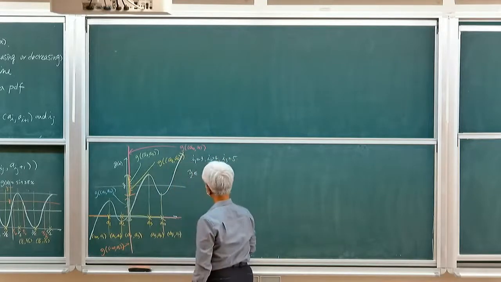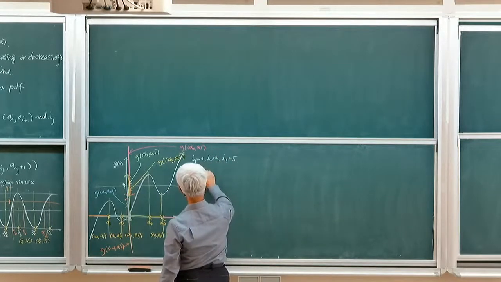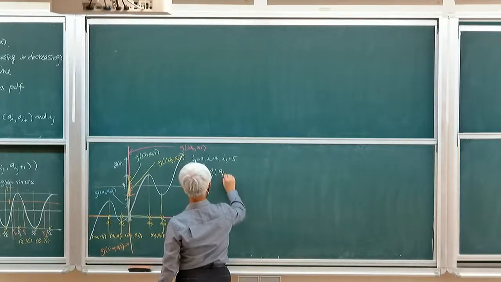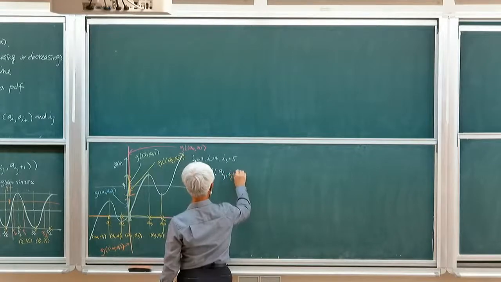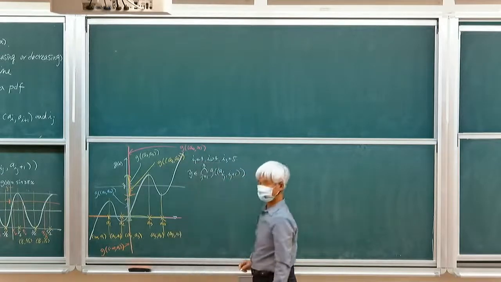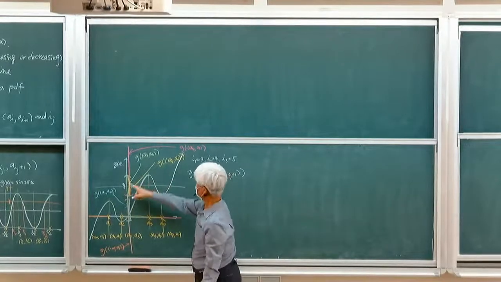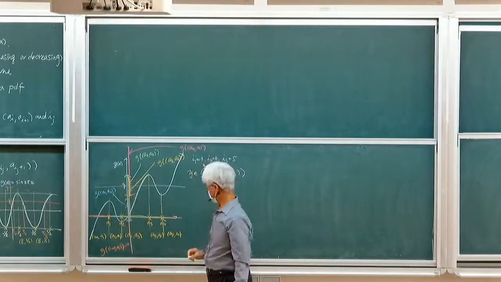And y is in the intersection over j from 1 to 3 of G of A, I sub j, plus 1. So it's the intersection of the three colors.